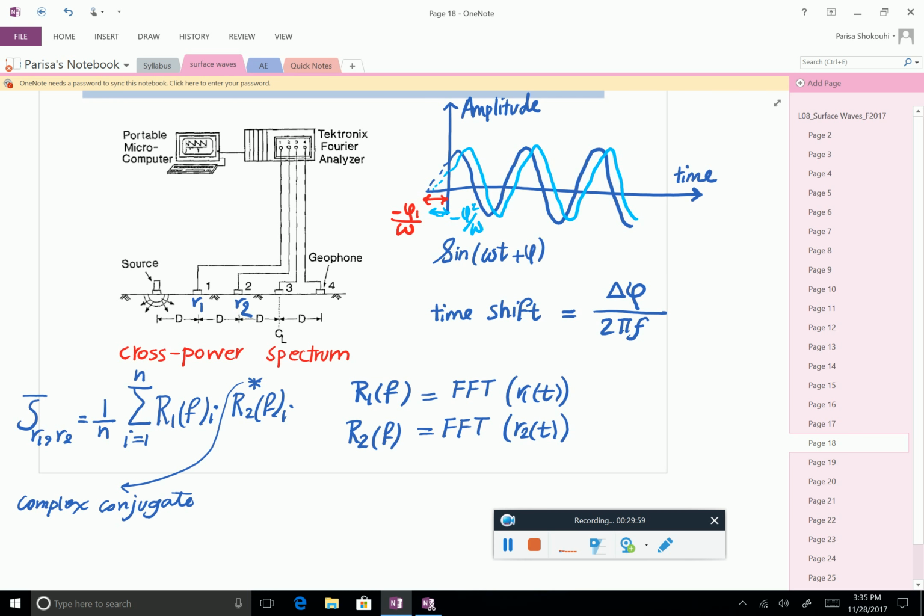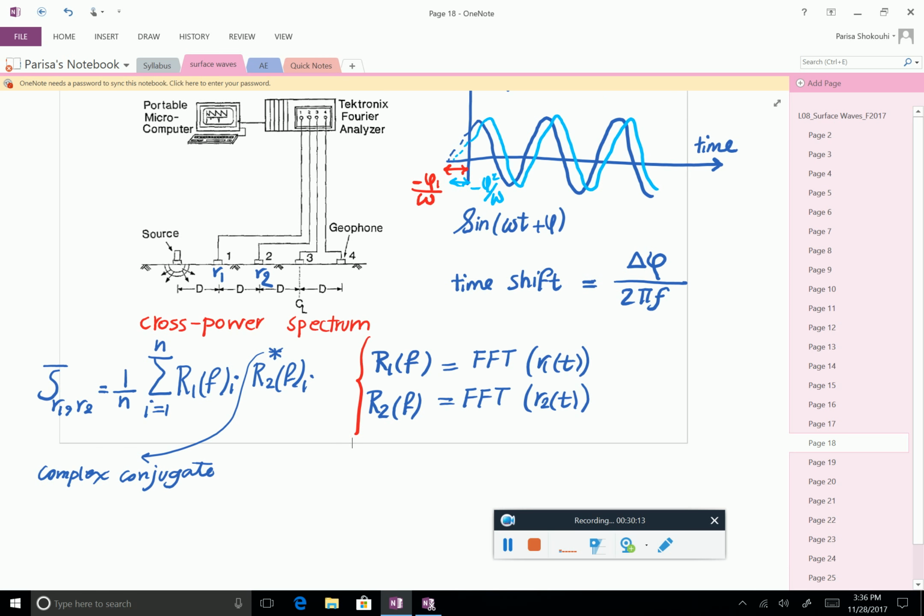Yes. Can you re-explain what the FFT does, going from the time to the frequency domain, and then I'm not quite following the cross power spectrum. Cross power spectrum is just multiplying one FFT by the other one.